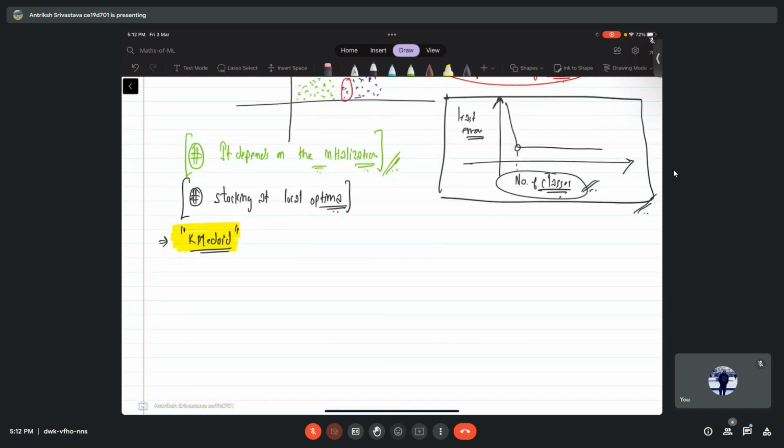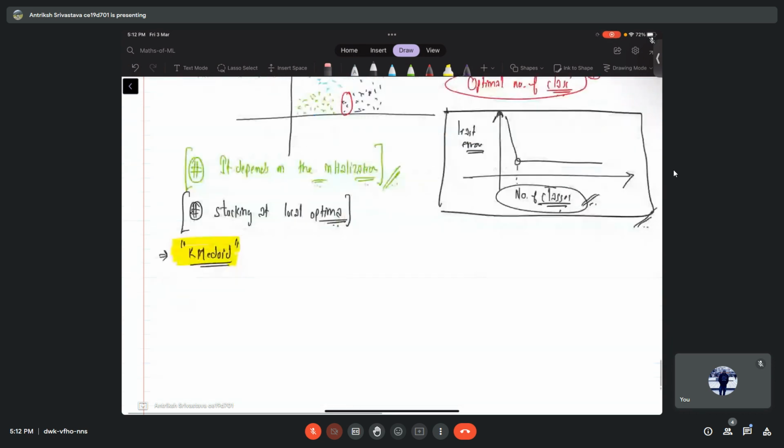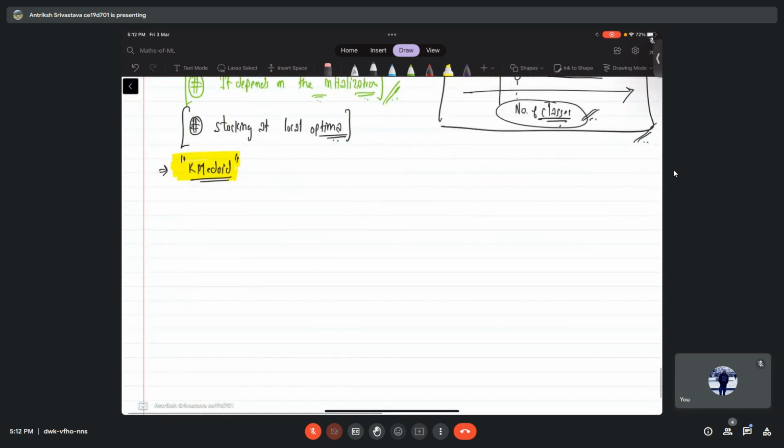The only difference between these two algorithms is that in the K-medoid clustering algorithm, we don't use the mean.